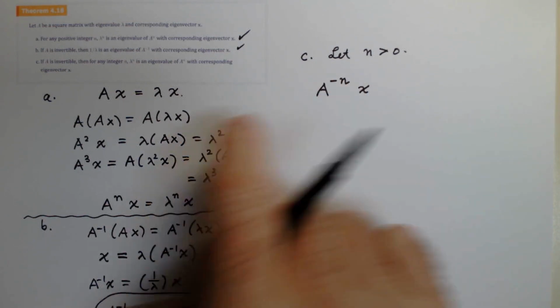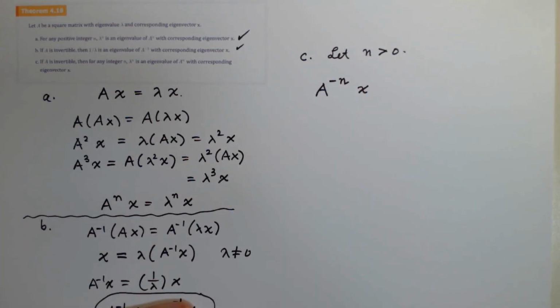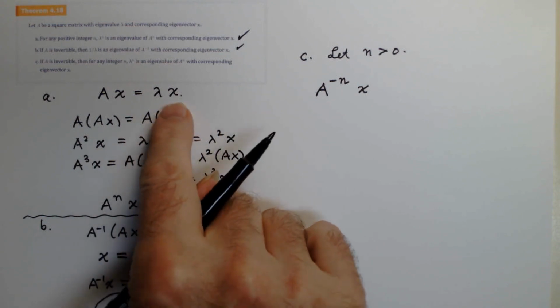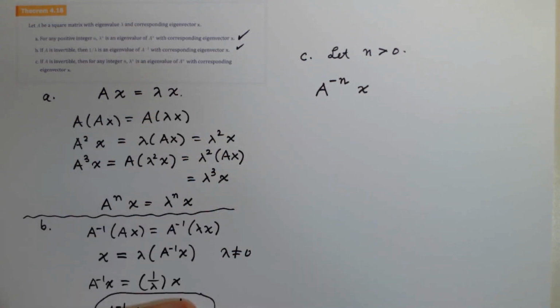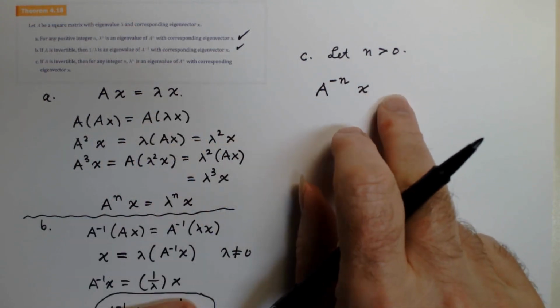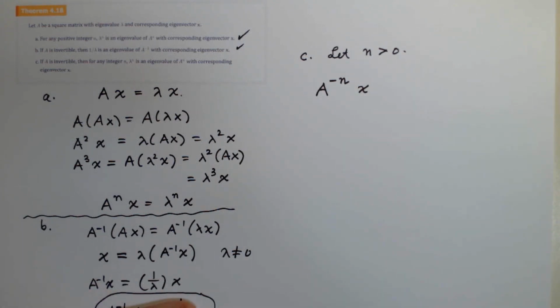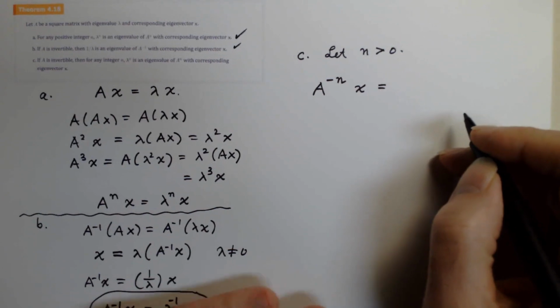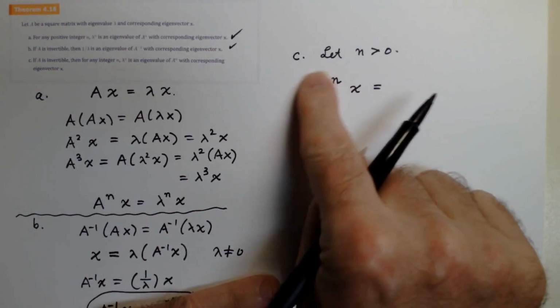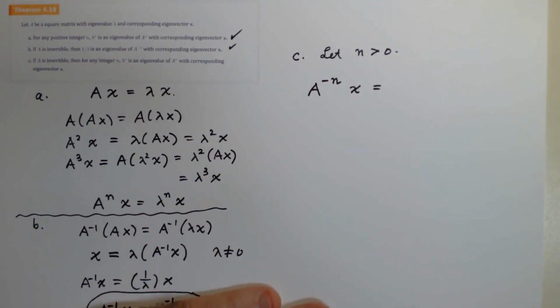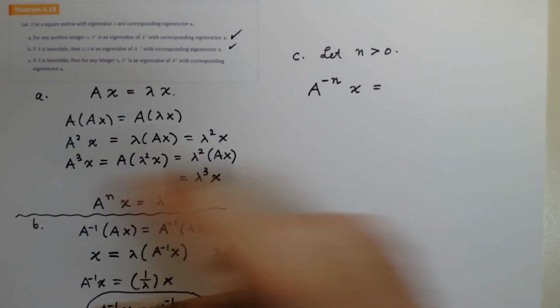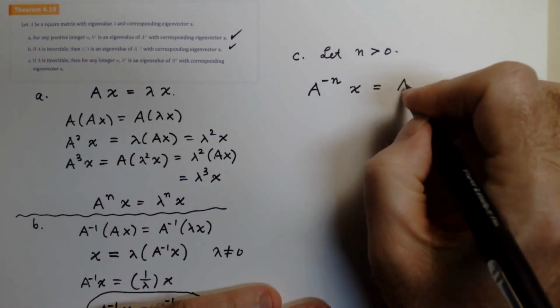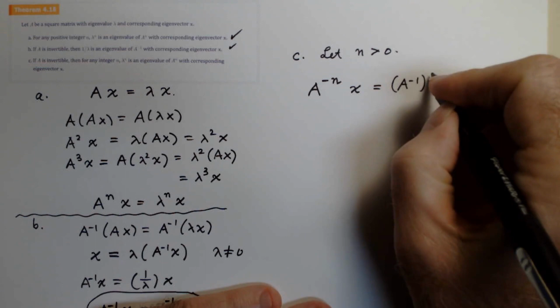So A raised to the power of minus n applied to this vector x. I want to show that this is equal to lambda raised to the power of minus n times the vector x. And here's a way to do it. Remember that we can always think of A raised to the power of minus n as A inverse raised to the power of n.